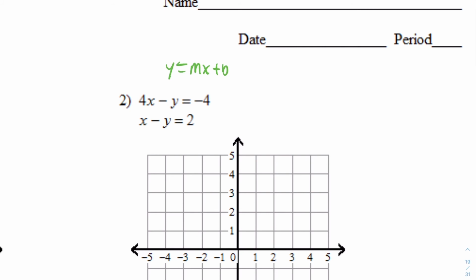So we could subtract 4x from both sides on this first one. That'll make -y equals -4x plus 4, and then we need to get rid of the negative, and we do that by dividing by -1.